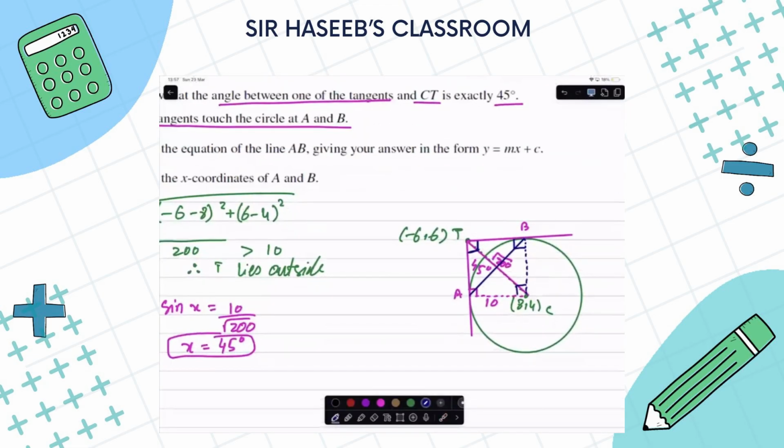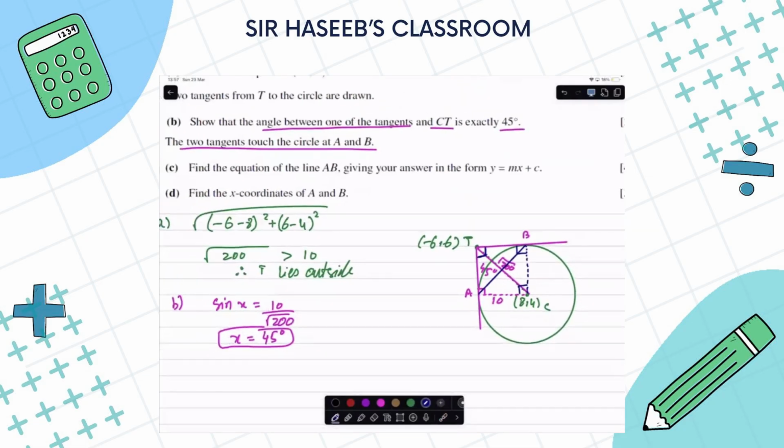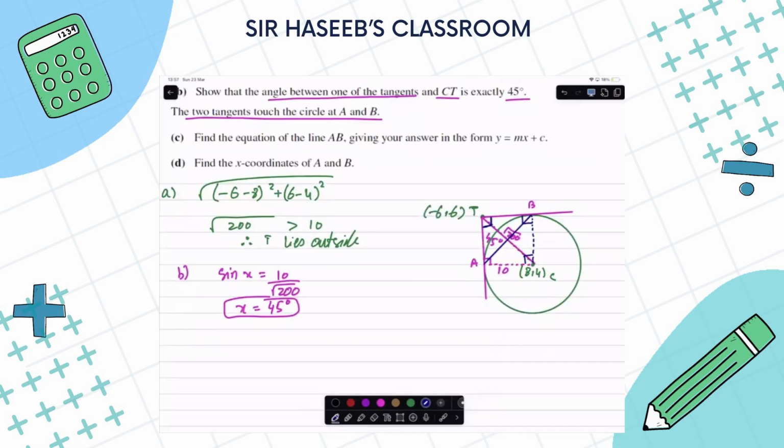So if it's a square, then all you need to do is find the midpoint of CT and the gradient of CT and negative reciprocate it, right? So gradient of CT is equal to y2 minus y1 over x2 minus x1.